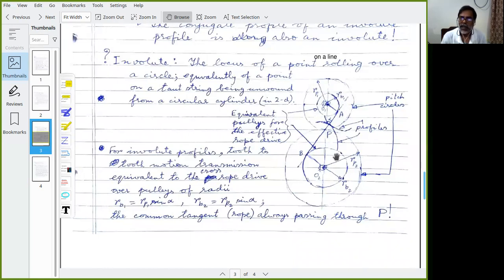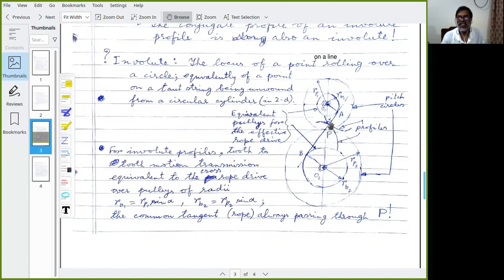Now, whatever the motion transmission would be between the two gears, it would be kinematically the same if you rather have a smaller wheel here and a smaller wheel here compared to the pitch circles, and then you have a rope drive, a crossed rope like this. It will be the same transmission rather than the gear here.